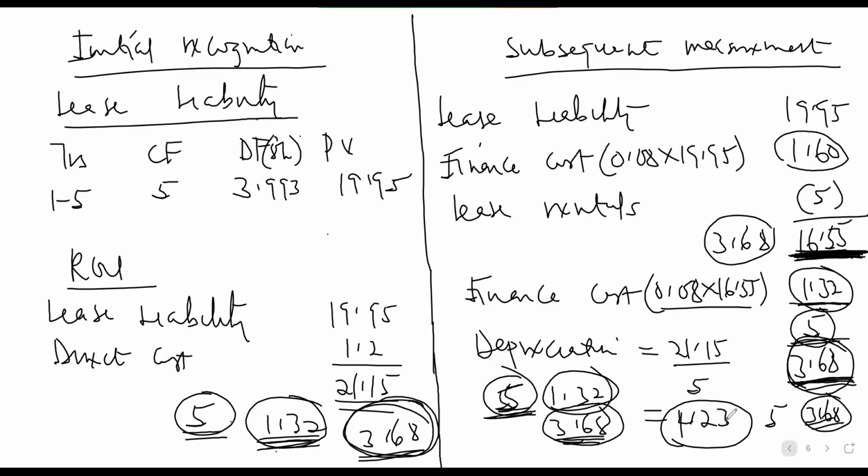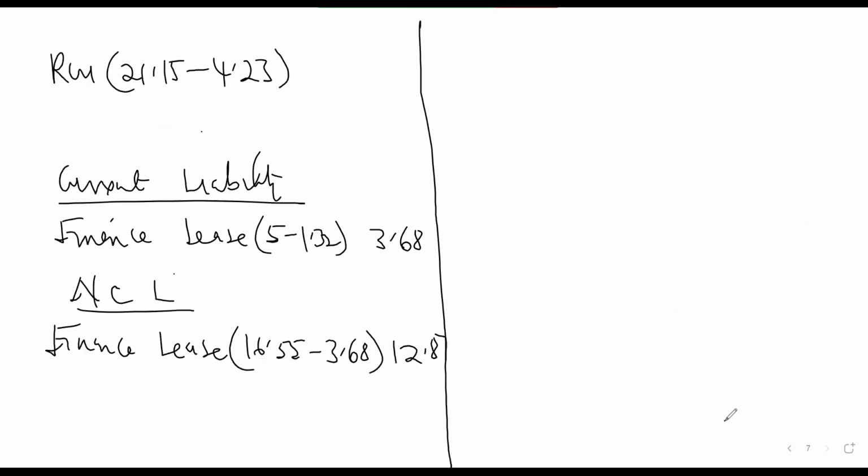So this 16.55 that you should show as a non-current liability, you are going to be taking the capital payment of it as a current liability, which we have over here. But the difference will be 12.87, because we are subtracting the 3.68 from this figure. In other words, if you put the two together, you'll still be having your 16.55. No problem. Okay, thank you. I hope the confusion has reduced more.